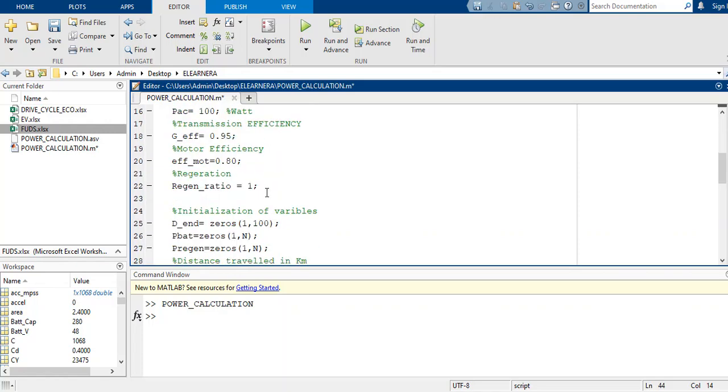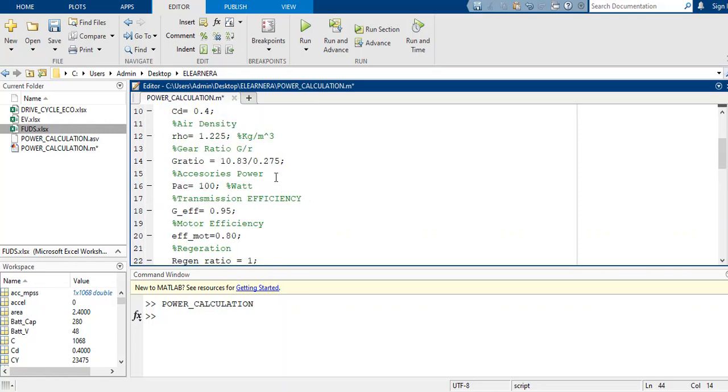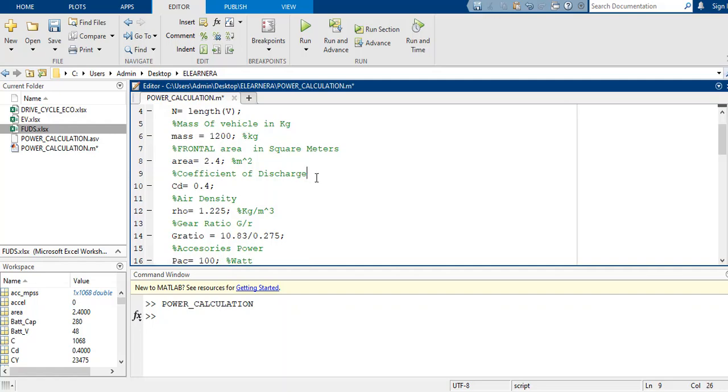Okay, we have not mentioned it earlier, so let's mention it as percentage rolling resistance coefficient, that is CRR is equal to 0.202.